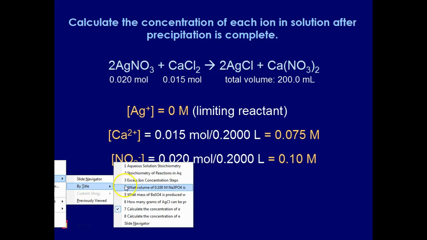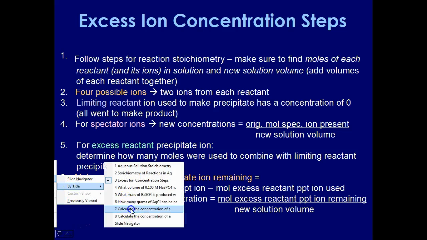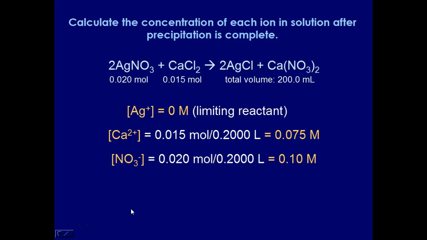And so if I go back to the previous slide where we went through the steps, it says we need to figure out how many moles were used to combine with that limiting reactant ion. So that should be pretty similar to figuring out how much of the excess reactant remains that we did in the lab stoich questions initially. Okay, well, if we started with 0.015 moles of calcium chloride, and there are 2 chlorines in calcium chloride, we actually started with 0.03 moles of chlorine.